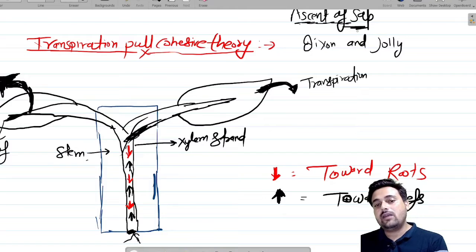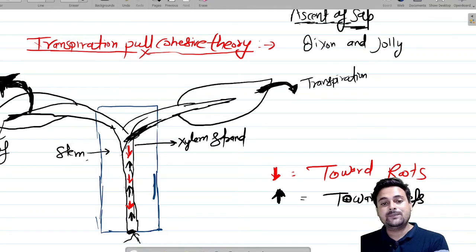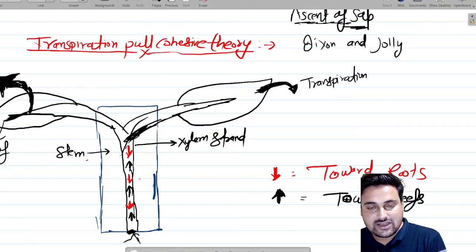That's why I have diagrammed the tree structure. As you can see, below the soil surface there will be the root system, and upper side of the soil surface there will be the stem system. This is your stem, this is your leaf, and this arrow is showing that transpiration is happening in the plant, and this area is showing the xylem strand.